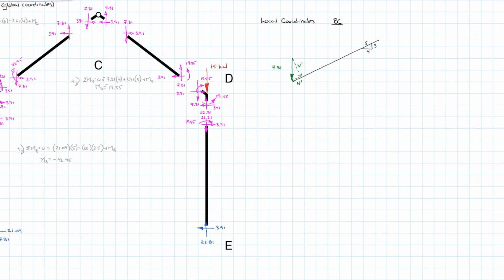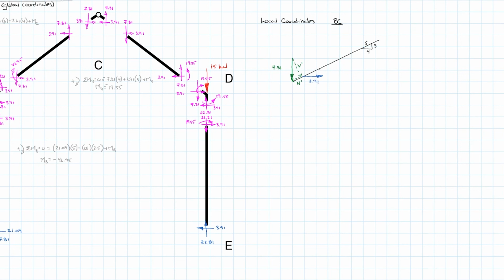Now, before I leave it, I'm going to go ahead and draw in my 3.91, which is going to the right. I'm not worried about scale here. I'd rather you be able to see what we're doing. So that's 3.91.